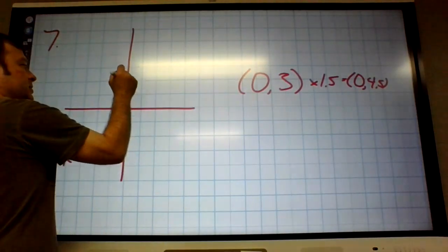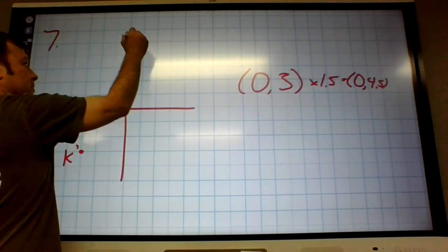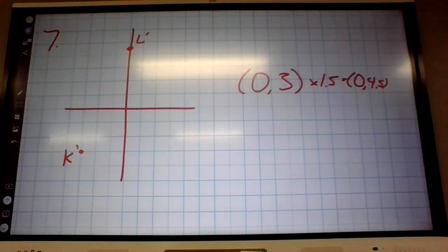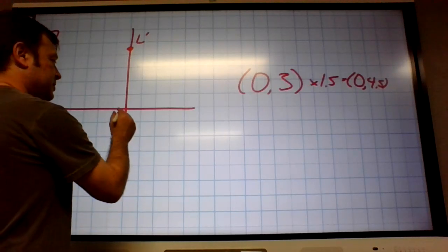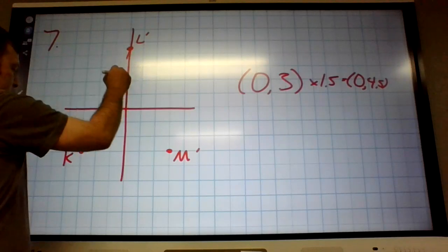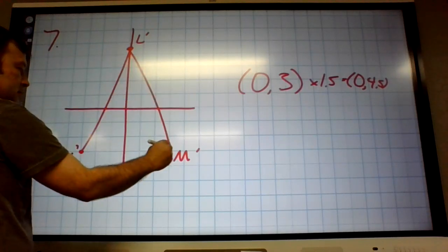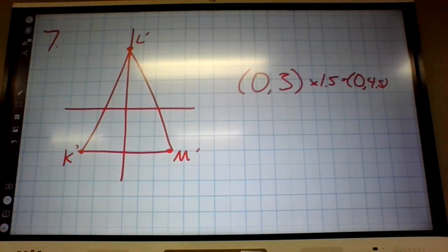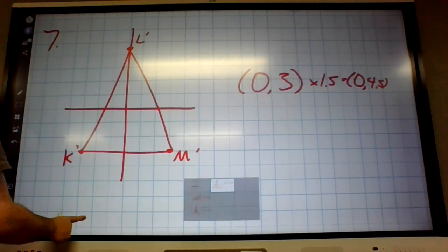So 1, 2, 3, 4, 4.5. M, 2, -2 becomes 3, -3. Triangle.